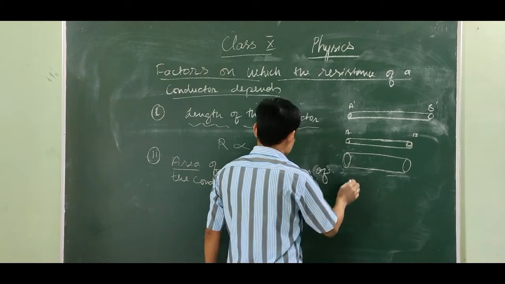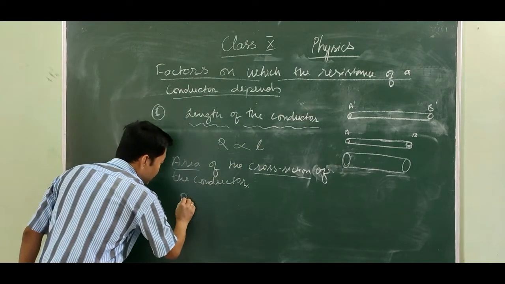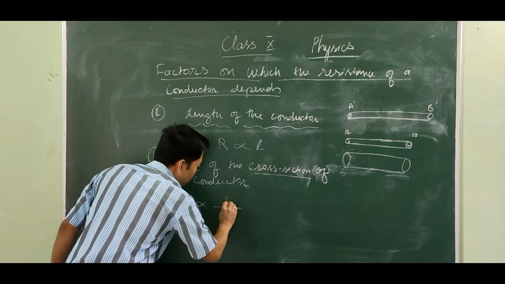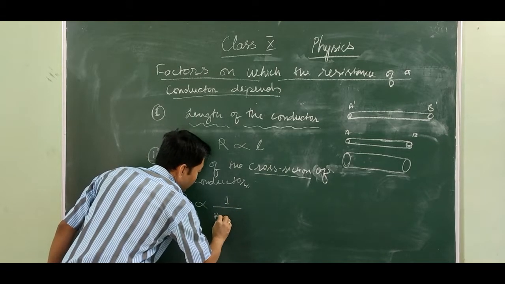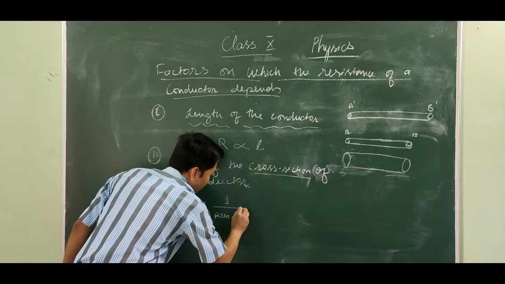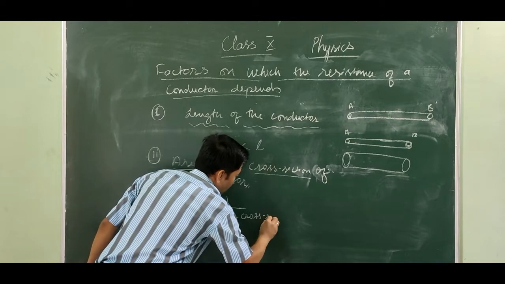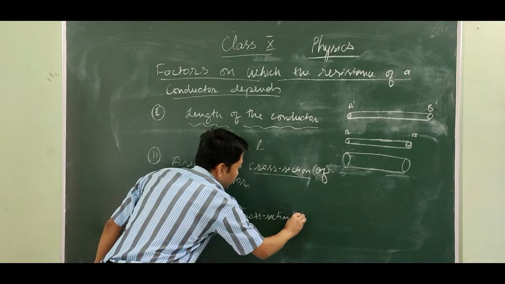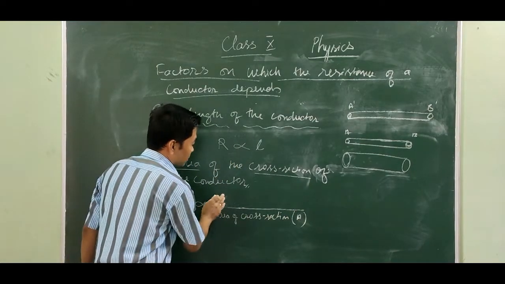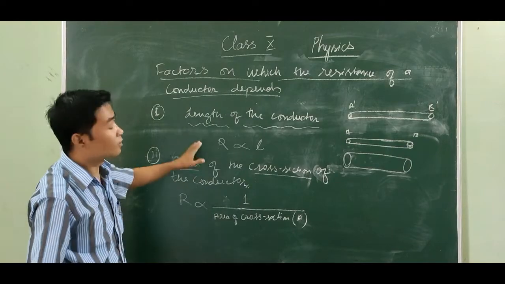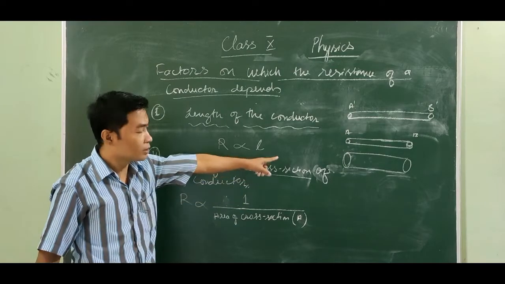Here, resistance of a conductor is inversely proportional to the area of the cross section, or simply you can write it by capital A. So the resistance of the conductor is directly proportional to the length, and it is inversely proportional to the area of the cross section of the conductor.